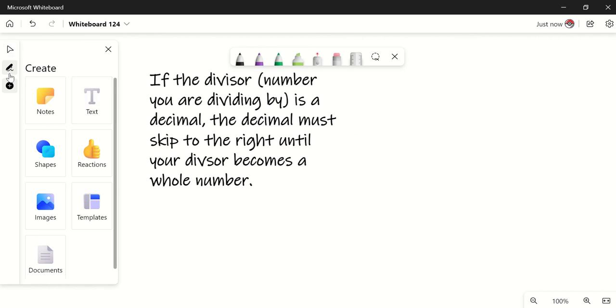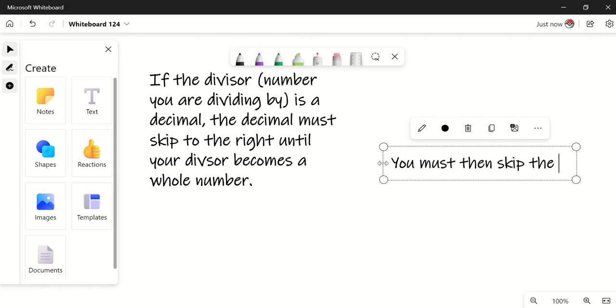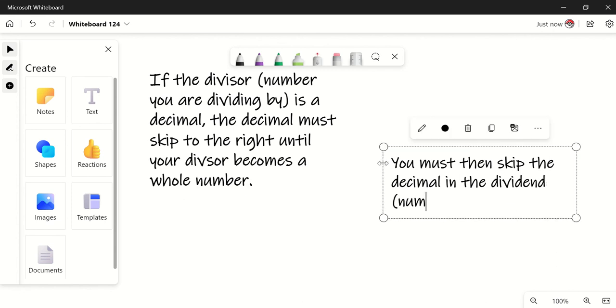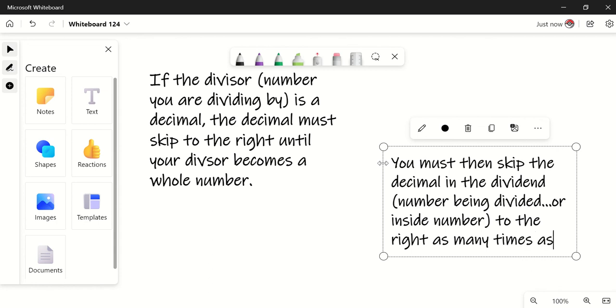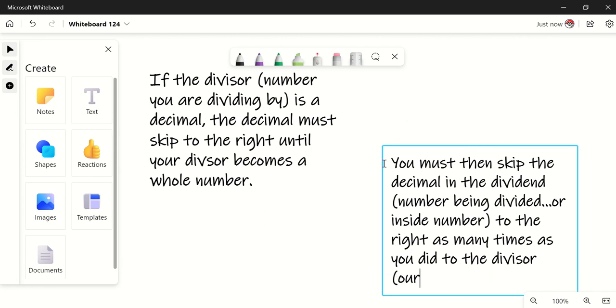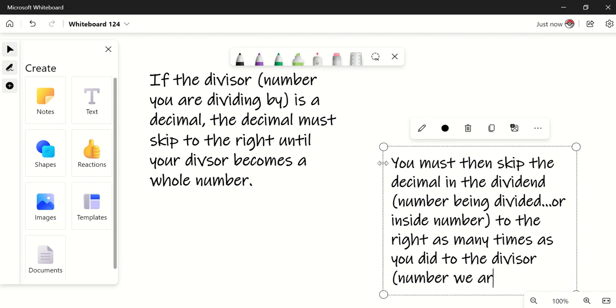There's another part to this. You must then skip the decimal in the dividend, the number being divided, or inside number, to the right as many times as you did to the divisor, the number we are dividing by, or outside number.